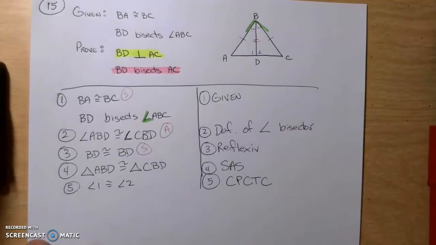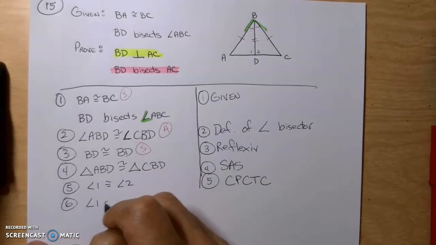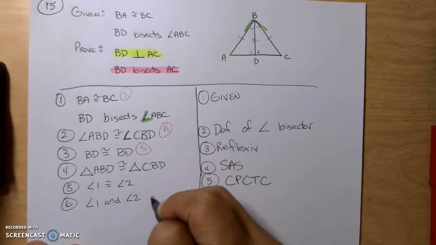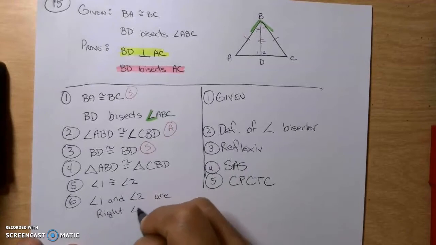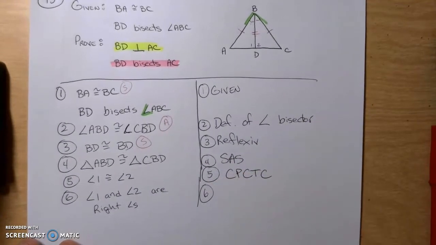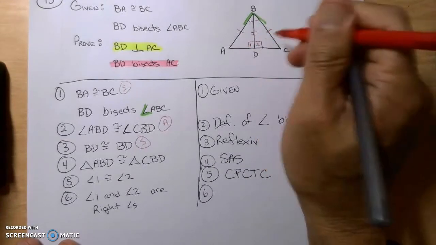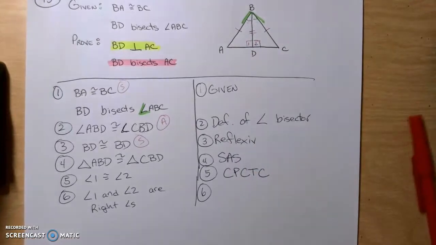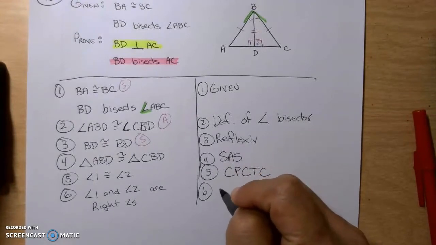But not only that, I want to say angle 1 and angle 2 are right angles. And this one's going to be hard to explain, but basically, if two angles are congruent and two angles form a straight line, then they must be 90 degrees. And there really is no formula for this, so I'm just literally going to spell out what I just said.